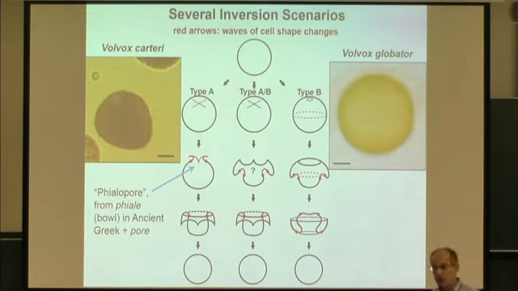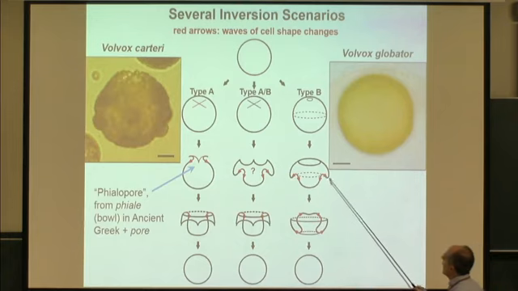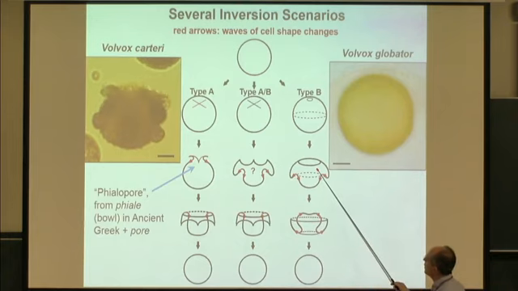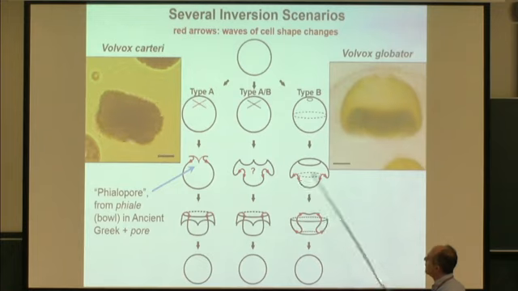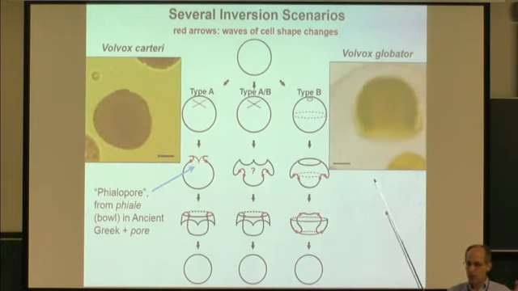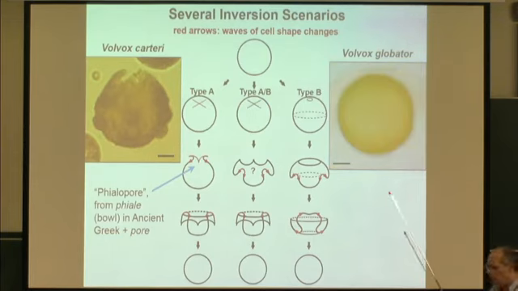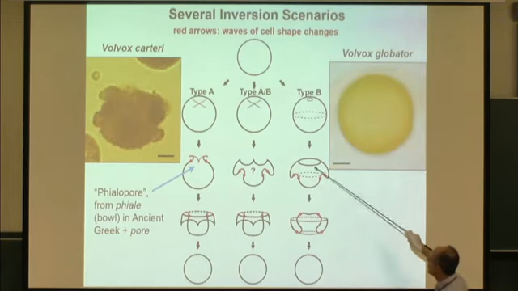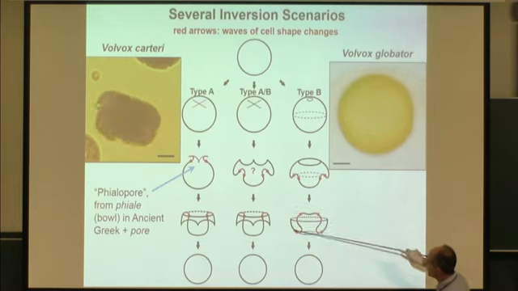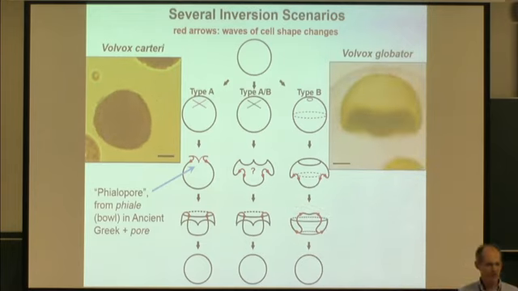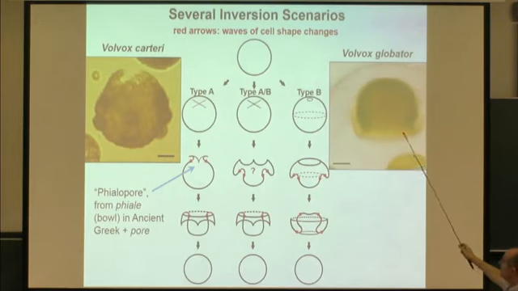In type B, there is a circular phialopore at the top from the beginning, and an equatorial invagination that moves the posterior up into the anterior. The phialopore stretches, and then eventually the system inverts. And you see videos of this happening here.